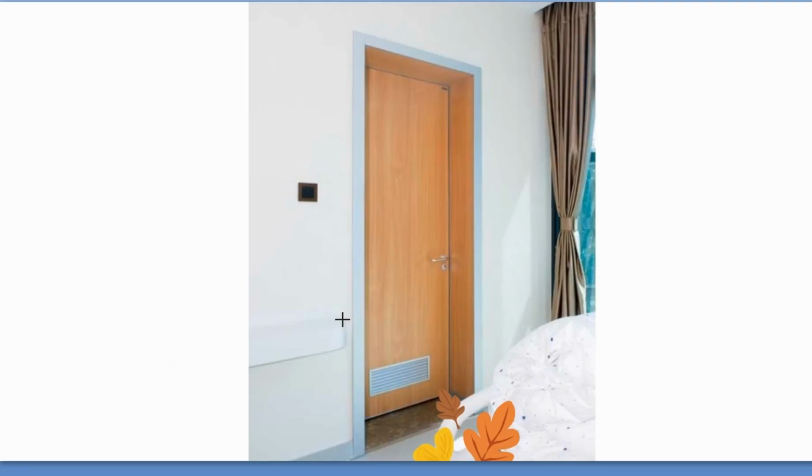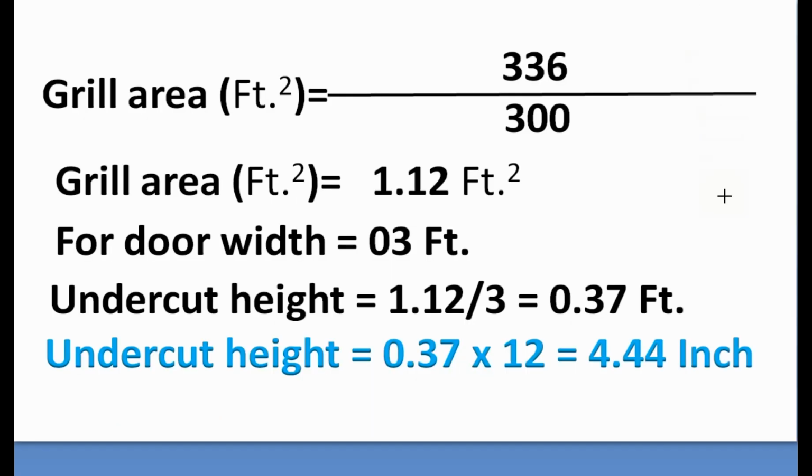To supply fresh air to the toilet, we use door grill or undercut or a combination of both. Normally we select the door grill at 300 fpm velocity. So for 336 CFM, the clear area required is 1.12 square feet.